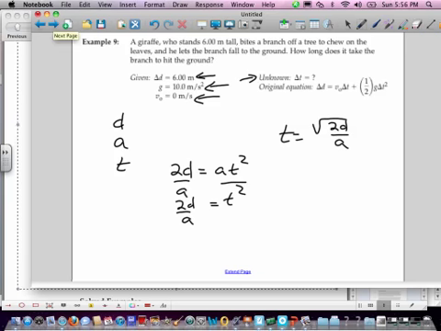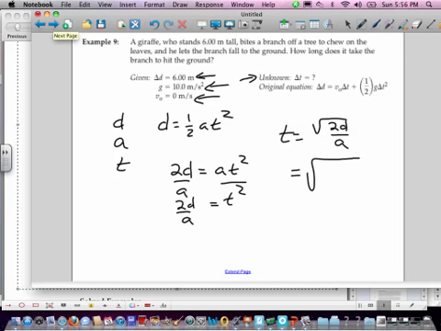A lot of times it's just easier if you just plug things in and solve. So maybe you don't want to always go through and do what I did here to solve it, but that's what we're going to be using. Okay, so here we go. We've got the square root of 2 times the distance, which was 6 meters, over the acceleration, of course, 10 meters per second squared.